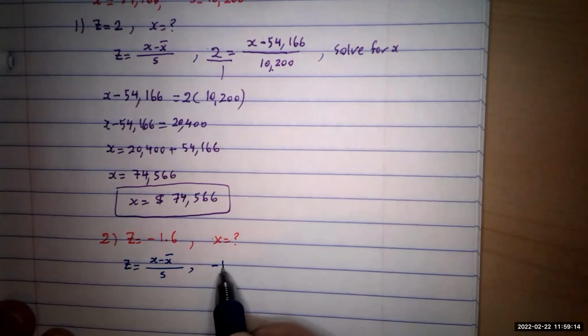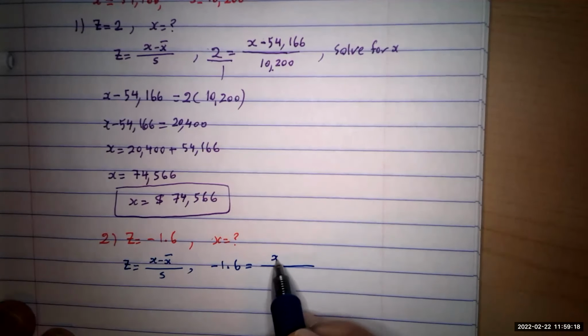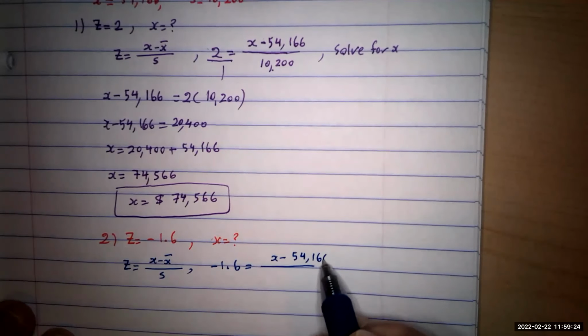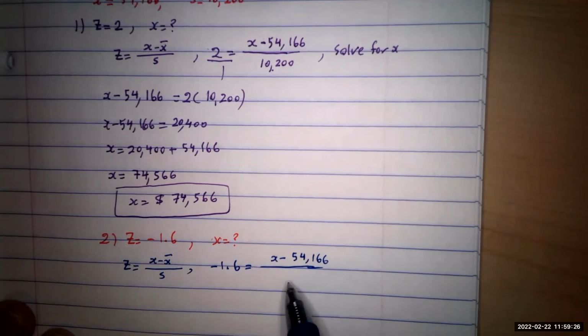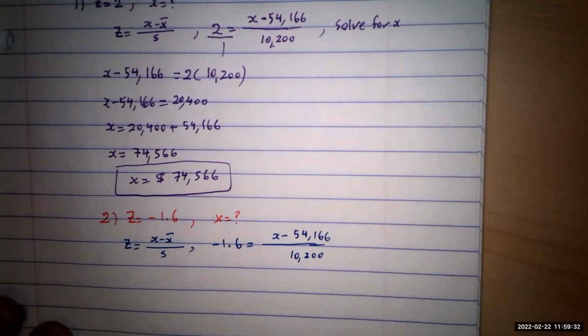Substitute: negative 1.6 is equal to x, the missing one, minus the average salary 54,166, divided by s, which is 10,200. Any question?